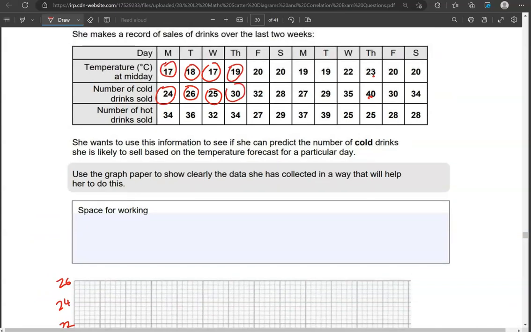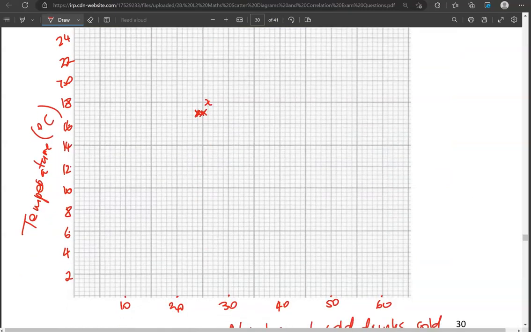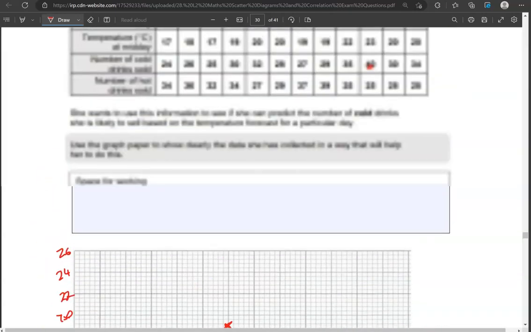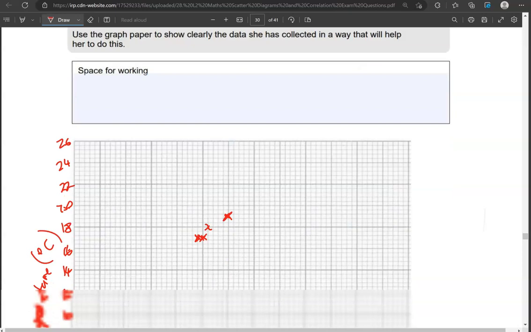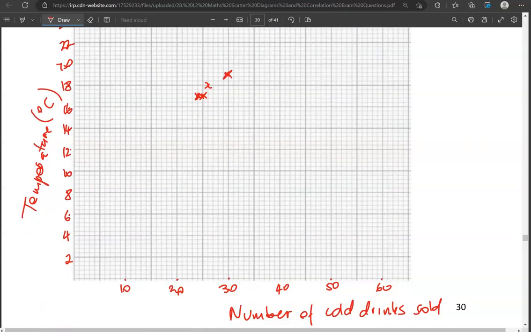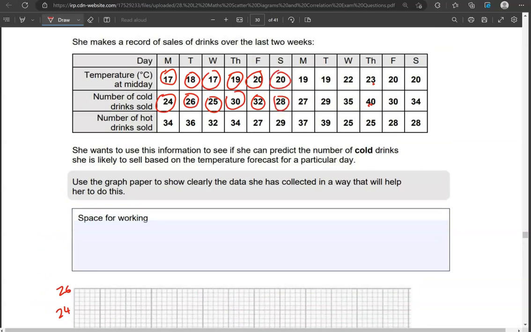Thursday, 19, 30. So 19, 30. Friday, 20 and 32. Saturday, 20 and 28.